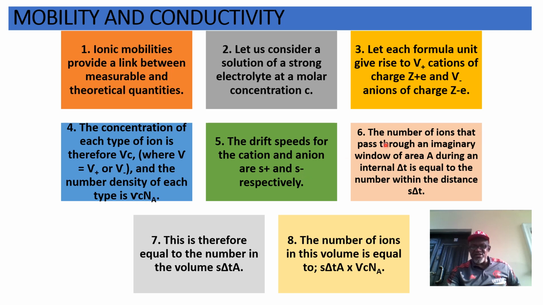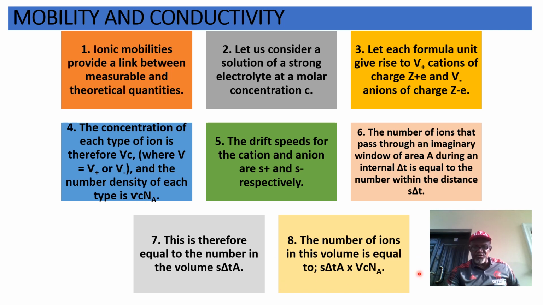Now the number of ions that pass through an imaginary window, we're not talking about flux yet, in an interval delta t, which is the time, will be equal to s delta t times the area. Therefore, this gives us the number of ions in this volume.